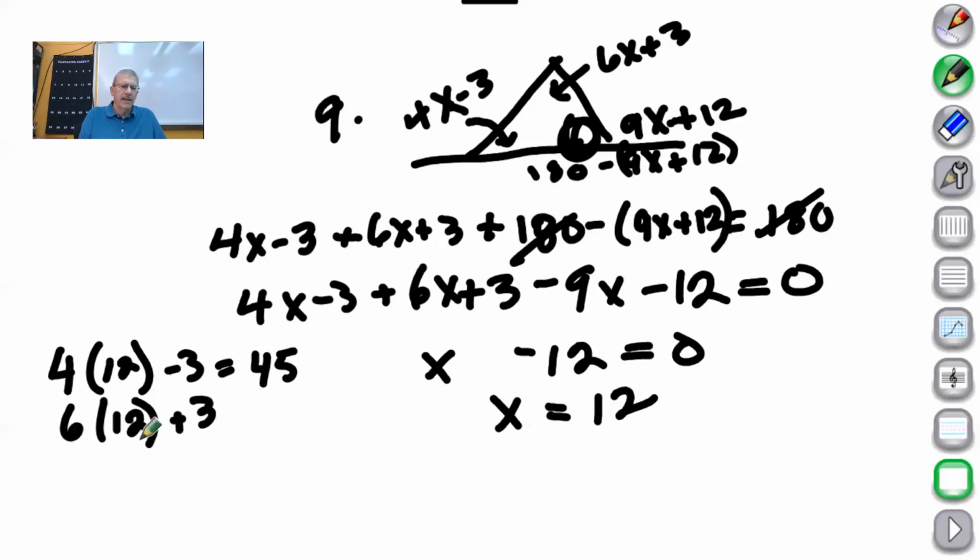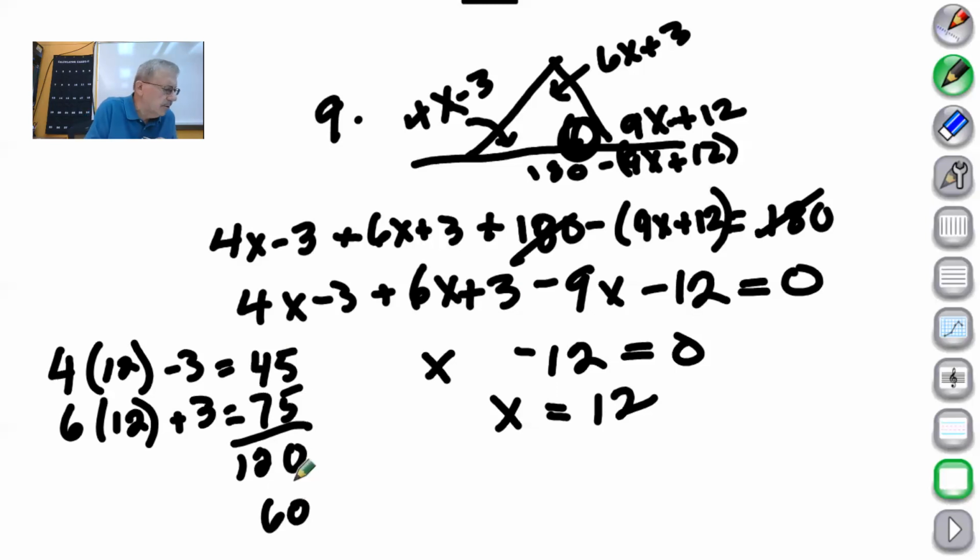It's going to be 72 plus 3, which is 75. And then this angle right here inside, well, we can do it a couple different ways. We could put in 180 minus 9x plus 12, but let's just add these together, 10, 11, 12, and subtract from 180. The remaining angle has to be 60, because 45, 75, and 60 add up to 180.